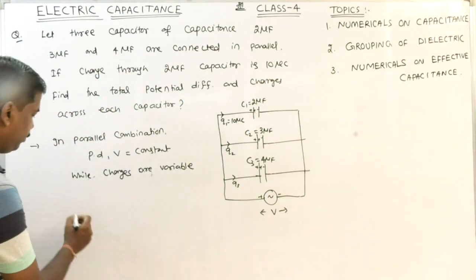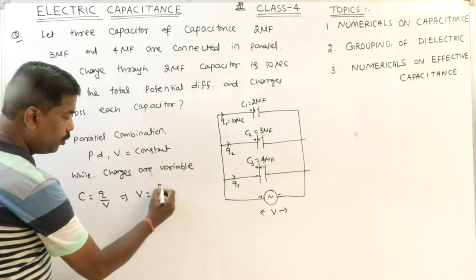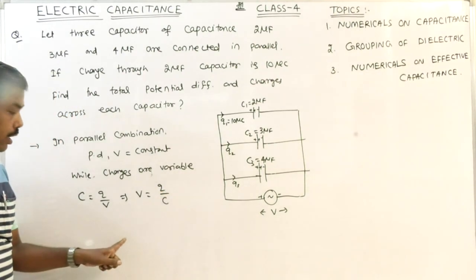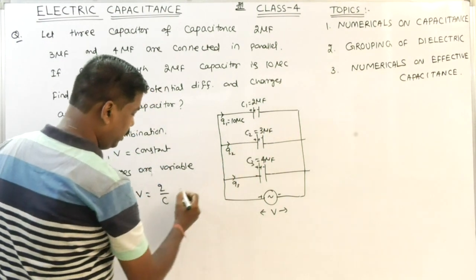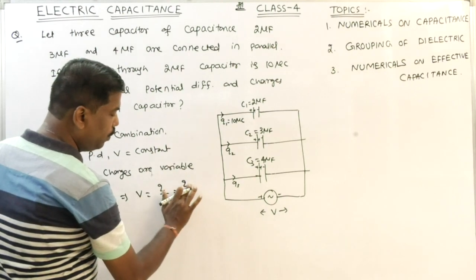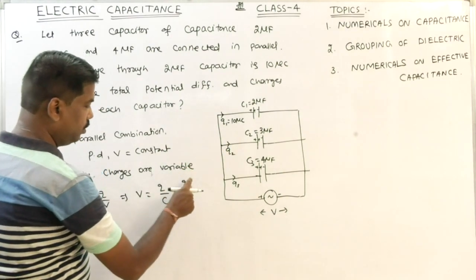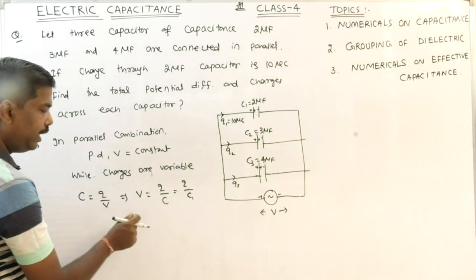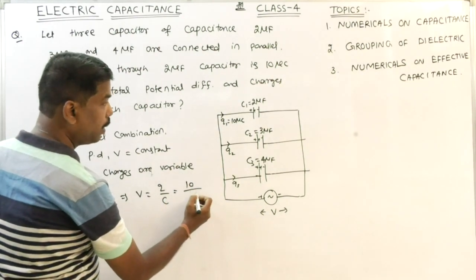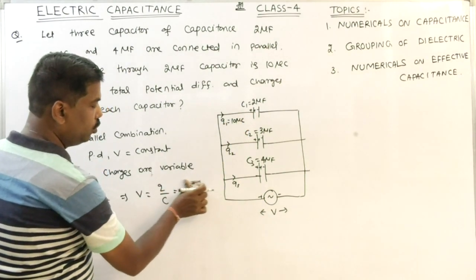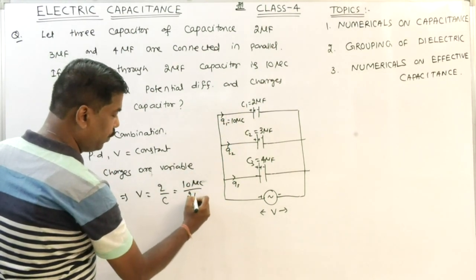Clear? As we know, C is equal to Q by V, or I can write V is equal to Q by C. So V is equal to Q1 by C1. Sorry, Q is variable. Q1 is 10 microcoulomb and C1 is 2 microfarad.